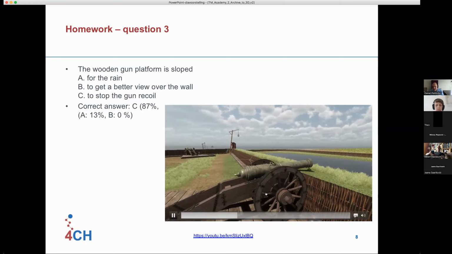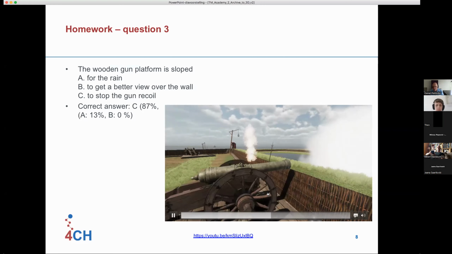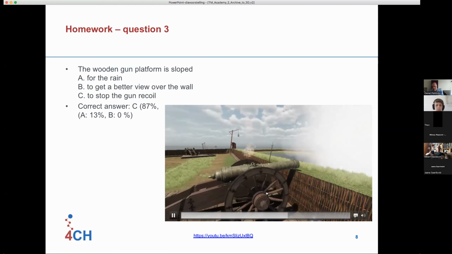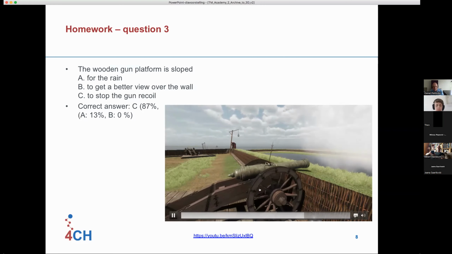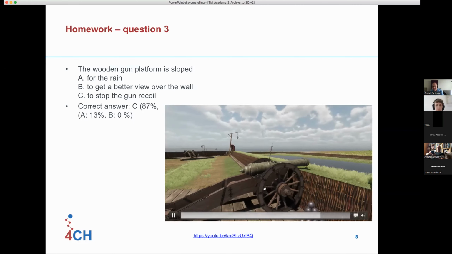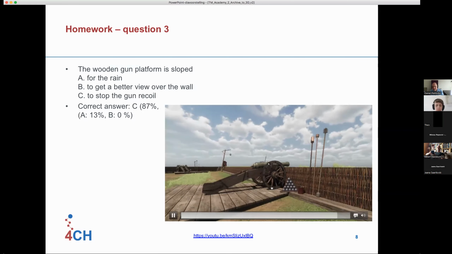And this is a heavy thing, so it's always easier. Because of the slope, it stops, and because of the slope, it comes back. It was a very simple way of doing it, but that's typically the way these things were done in that time. So the correct answer, most people had that correct. It's really to stop the gun recoil.